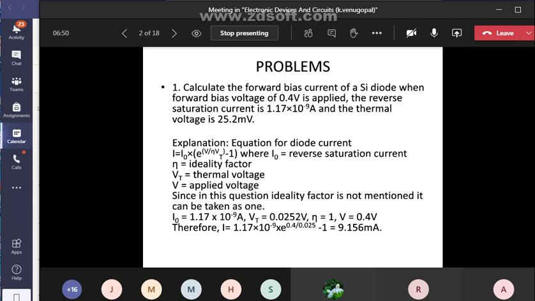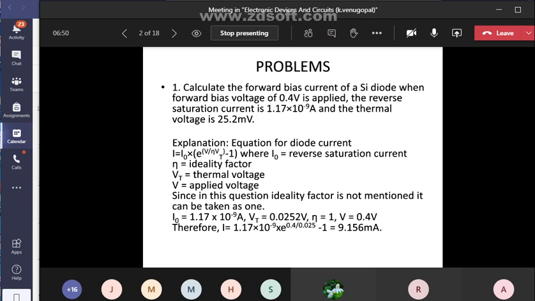Here I is the diode current, I naught is the reverse saturation current, V is the applied voltage, and eta is a constant, 1 for silicon and 2 for germanium.